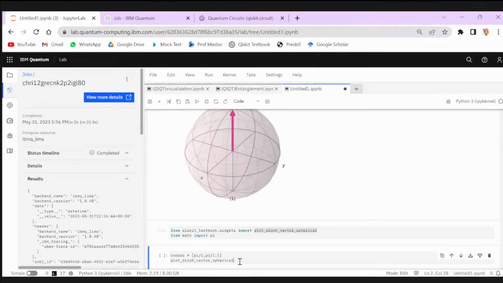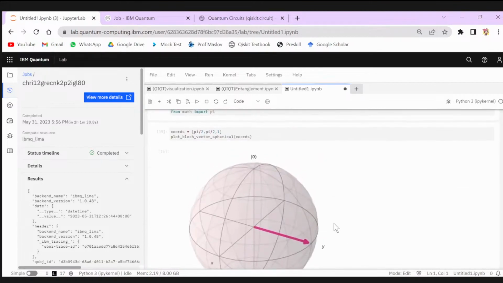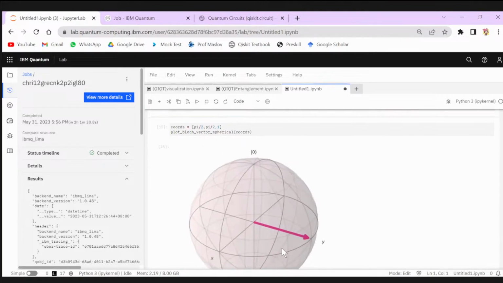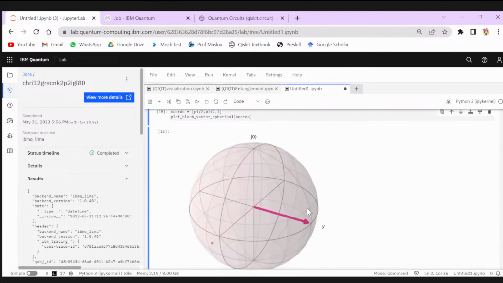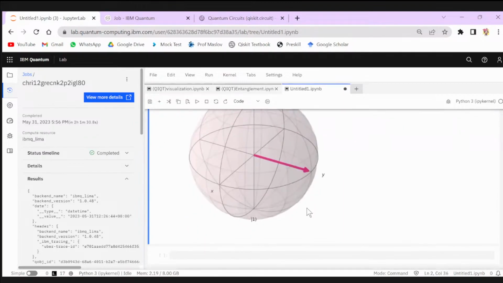With this function, if you know the coordinates, you can plot also. So you can see, we know the coordinates, and you can also visualize this state. There are other functions also to visualize. Let's try another function.